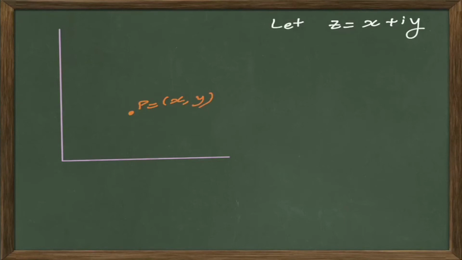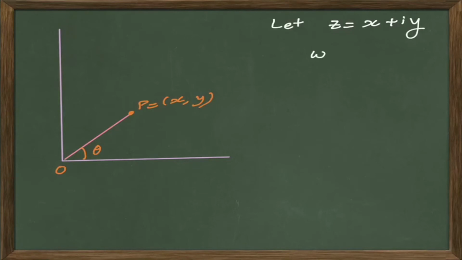Then the principal argument of z is nothing but the angle that the ray OP makes with the positive x-axis.